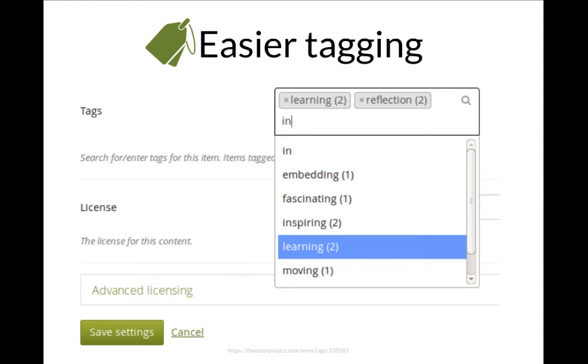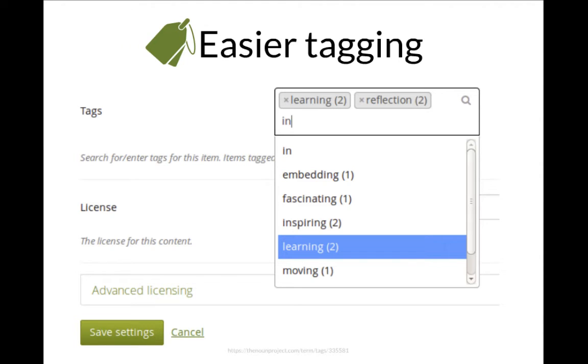Another nice improvement that we've made, I find, is the easier tagging functionality. In the past, if you had a lot of tags, you saw this long list of tags and had to go through them. But now we are using the select-to functionality like we have elsewhere in Mahara already, namely when you search for people wanting to send them a message, and also for tagged journal entries in that blog.